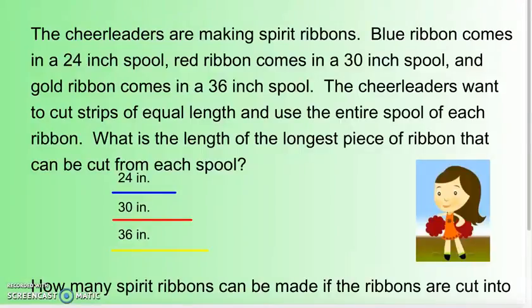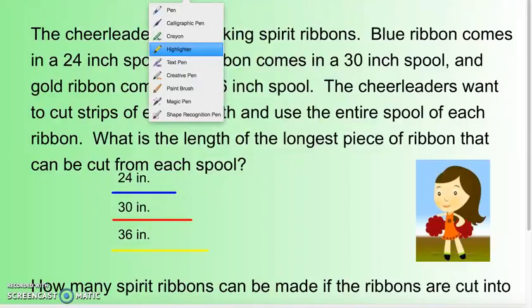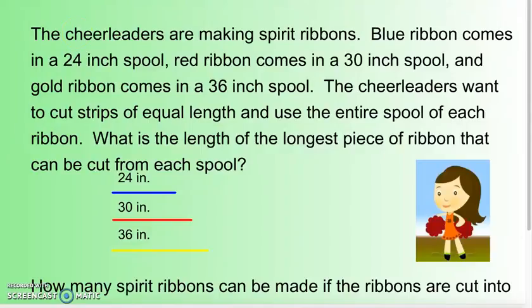So this one comes in a 24-inch spool. So there's 24 inches of blue. Red ribbon comes in a 30-inch spool. I'm going to start underlining as we go. Okay, so blue, 24-inch spool. Red, we're going to do pink, comes in a 30-inch spool.